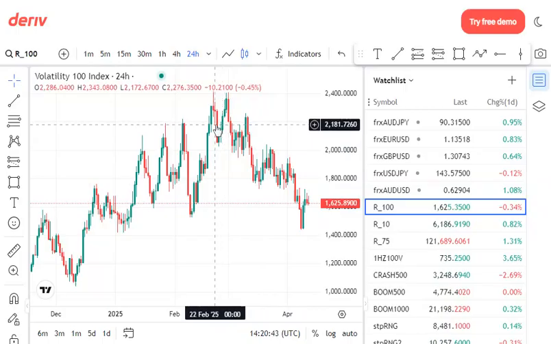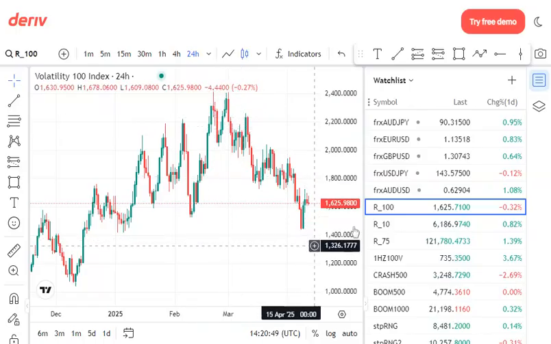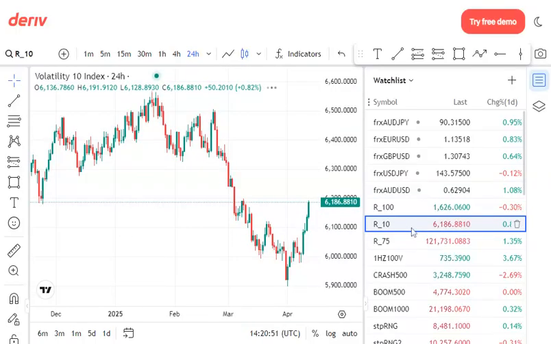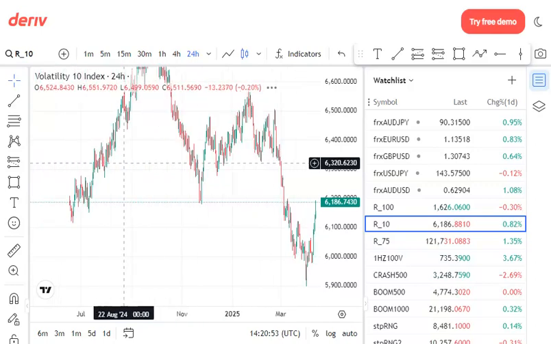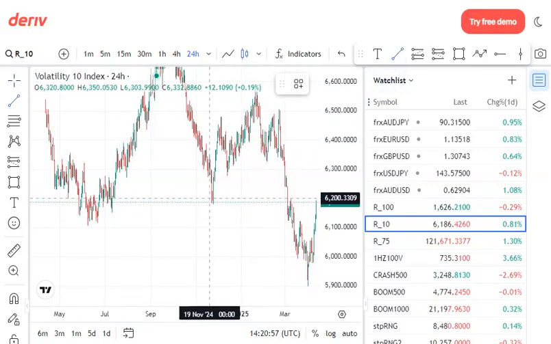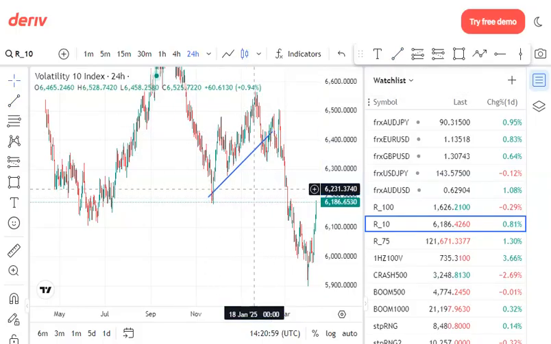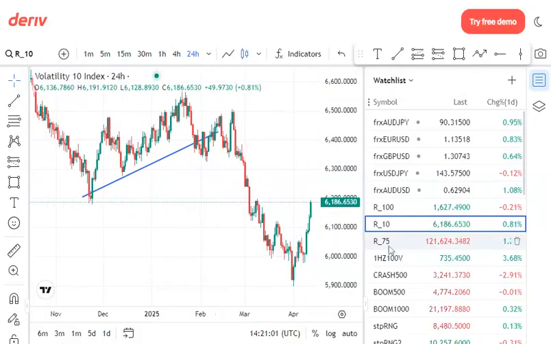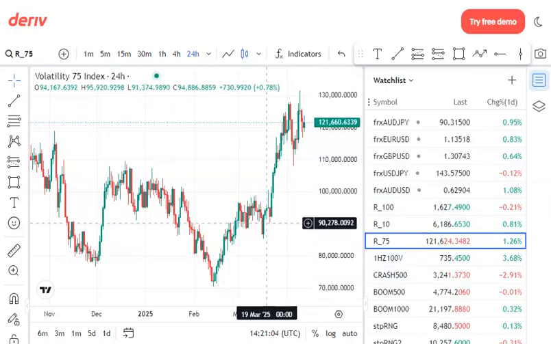When BTC started falling in market price in January, February, we saw Volatility 100 index also reducing in value. Volatility 10 index was going down in value in January. We can see it. So my analysis is valid, because if you follow my analysis, there's going to be so much profitability for you in the future.